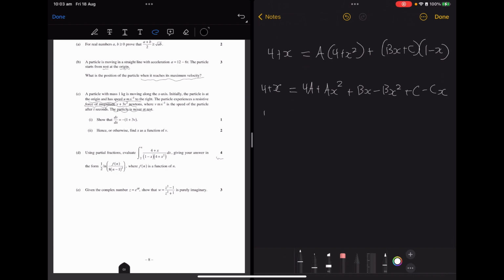And just factorize the right hand side, so a minus b x squared plus b minus c x plus 4a plus c as the constant.